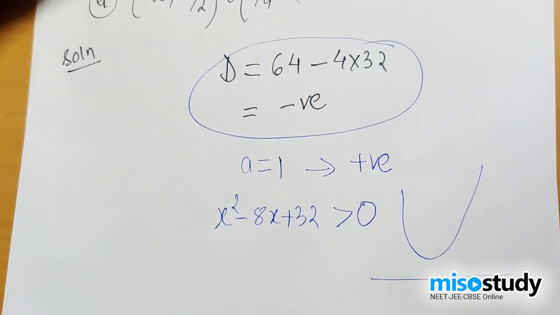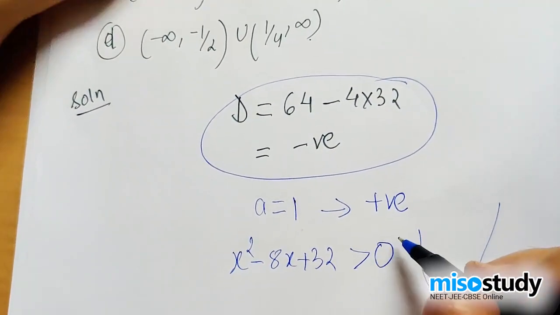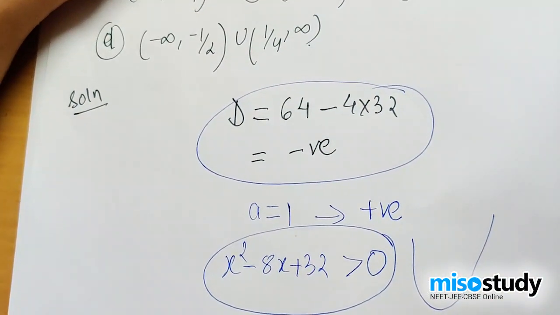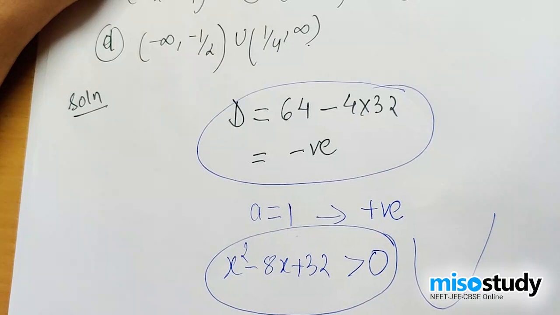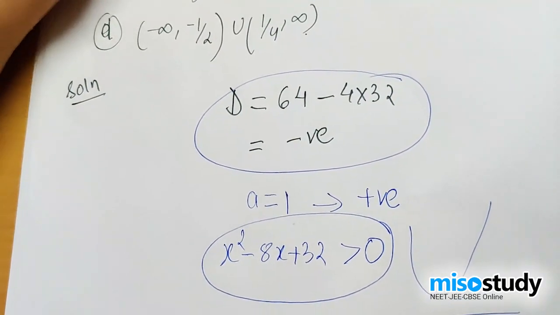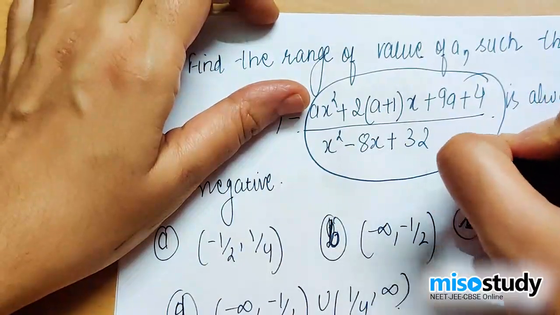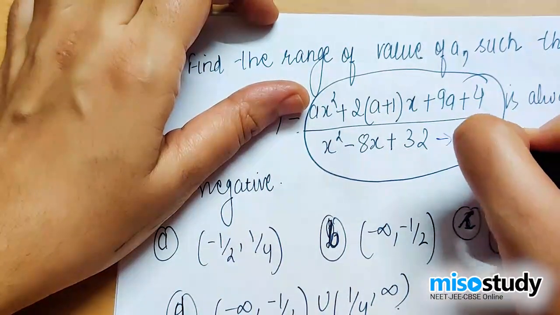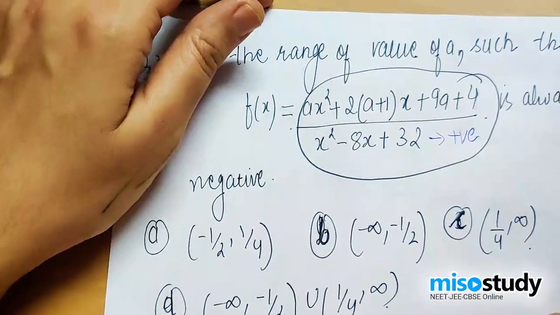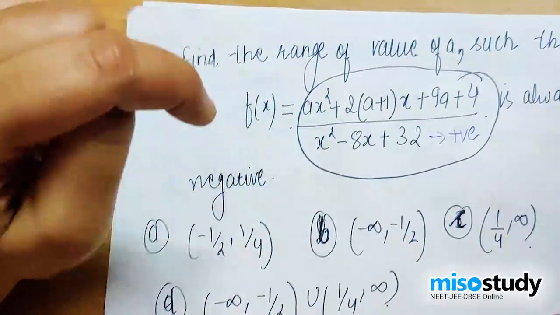Alright, now that we are already aware of the sign of the denominator, what's left to us? We are left with just finding the sign of the numerator. Because we want this negative, and the denominator is always positive, we just need the sign of the numerator to be negative to make f(x) negative.